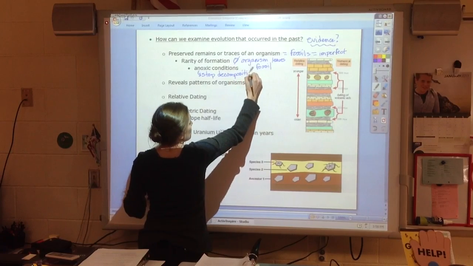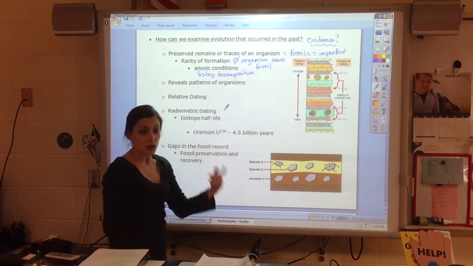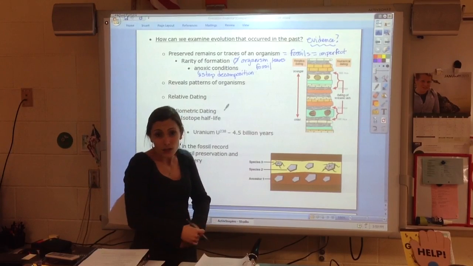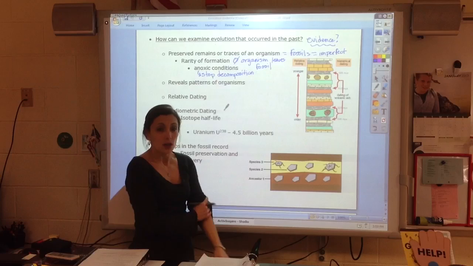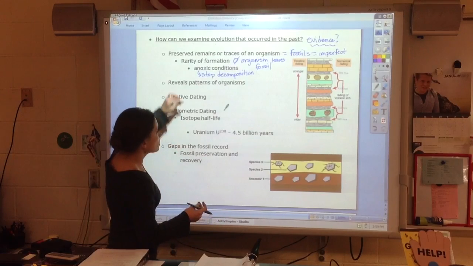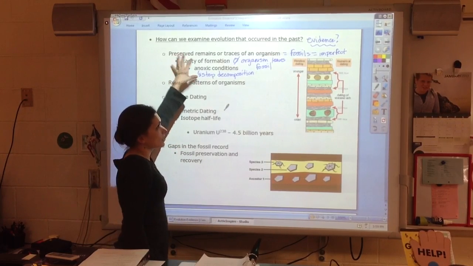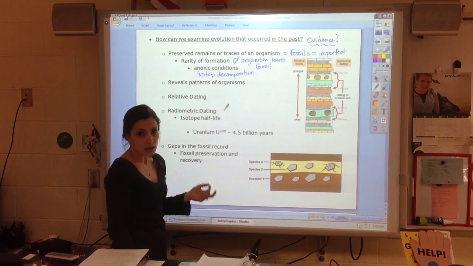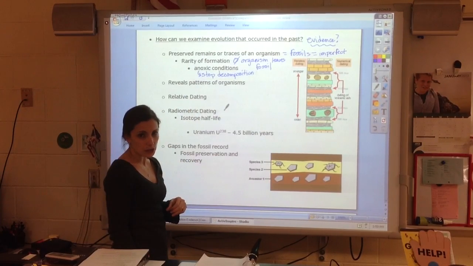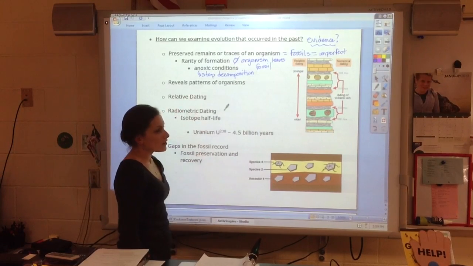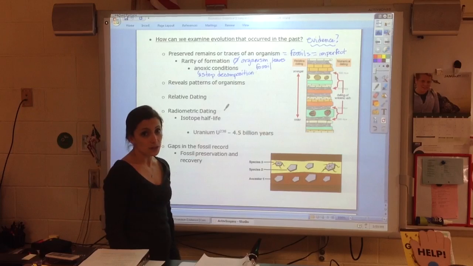So if there are decomposers like bacteria or fungi, then they're going to break down the organism, including the organism's bones over time. And remember, we're talking millions of years in this geologic timescale of Earth. And so we do have to realize that not every organism leaves a fossil. Not every fossil is going to be in the condition to give us any information. We might find just one bone of an organism. So examining fossils is a pretty challenging field to be in.